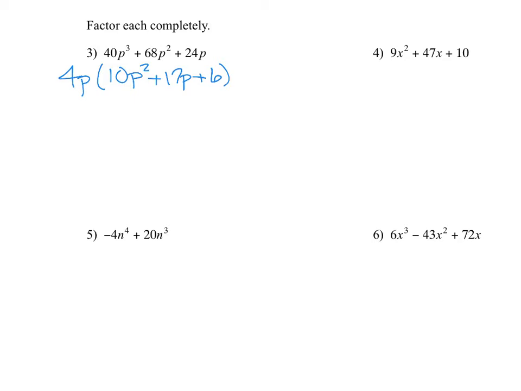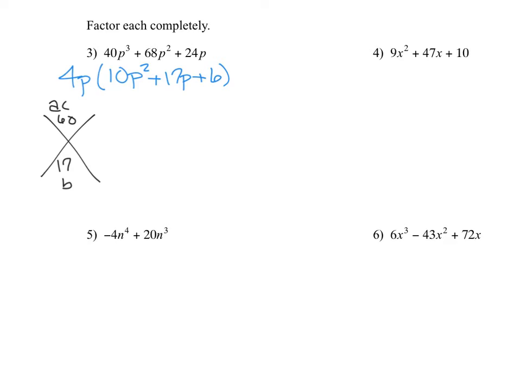So now I see that my 10p squared plus 17p plus 6 is something that I can continue to factor even further. So I'm going to do that. Now, if you remember, we've talked about the process. You guys call it like the X. All right, so our a times c and then our b term. So a times c will be 60. Our b is 17. So we're looking for two numbers that multiply to 60 and add up to 17.